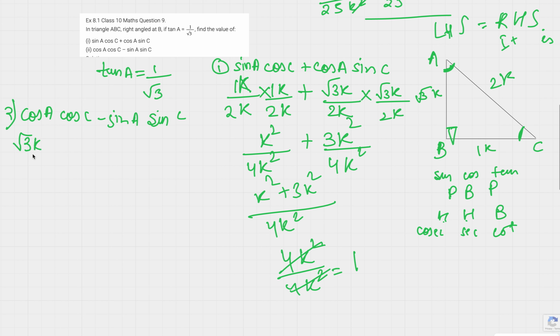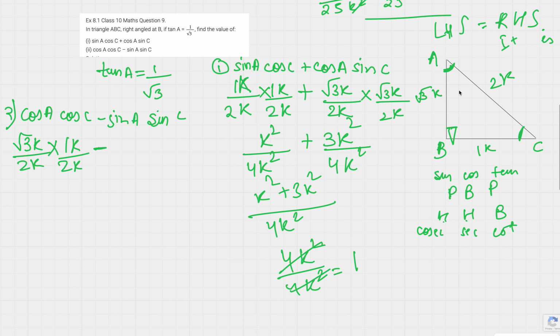Cos C. Cos is B by H. So B for this is 1K divided by 2K, minus sin A.